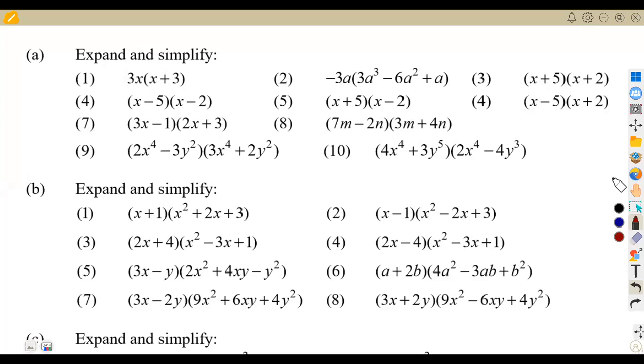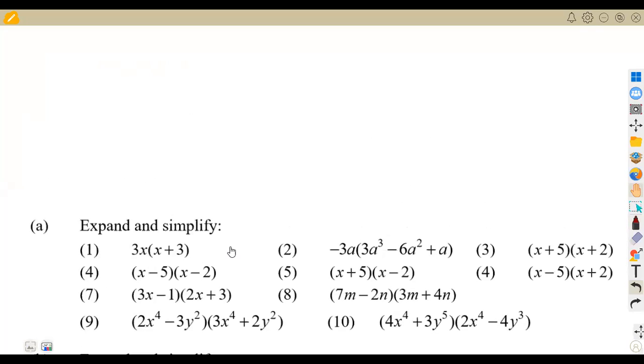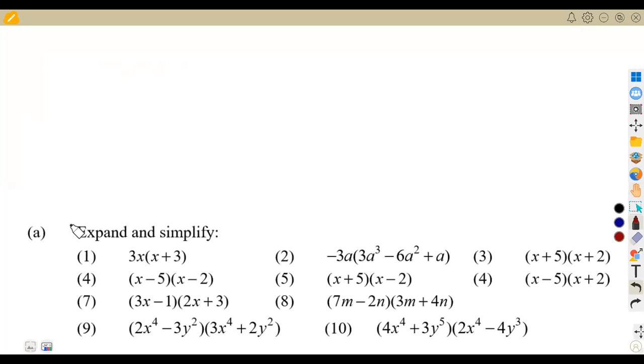All right, so remember I referred to the expansion of brackets where you can have a condition, just like what we are given on this first part: expand and simplify. We're given the first question, question number 1, which is 3x into x plus 3.